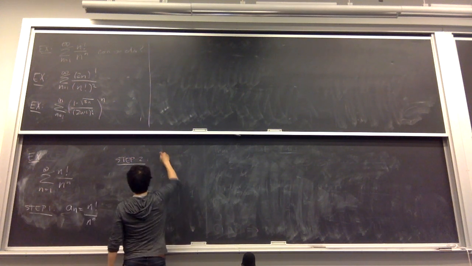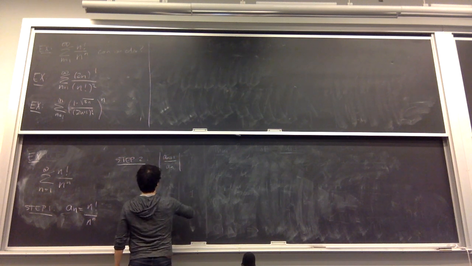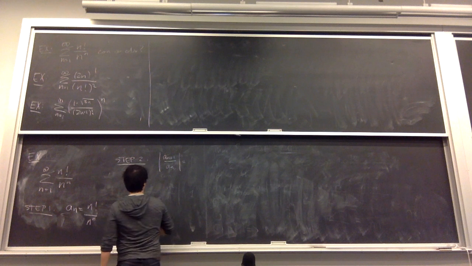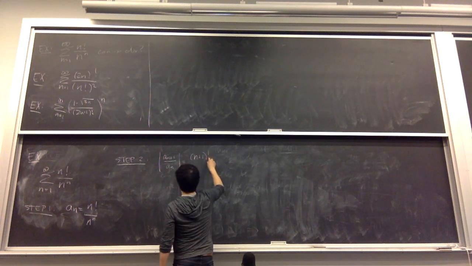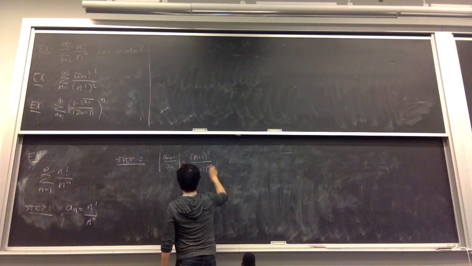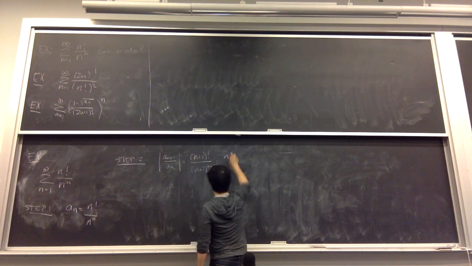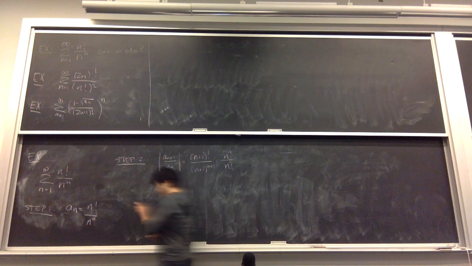We need to figure out the absolute value of a_(n+1) over a_n, and then take the limit. So a_(n+1) over a_n is (n+1) factorial over (n+1) to the power of (n+1), multiplied by n to the n over n factorial.